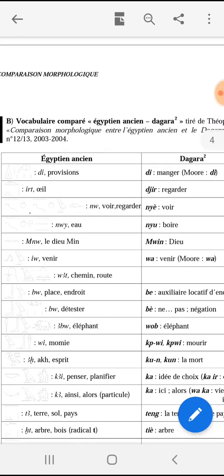In Dagara, di meaning to eat. In Medu Netcher, you have irt meaning eye. In Dagara, you have jir meaning to look. In Medu Netcher, you have nu meaning to see, to look. In Dagara, you have nye meaning to see.